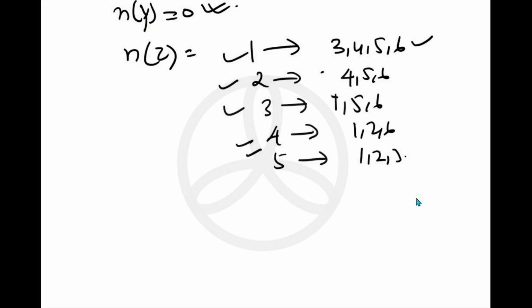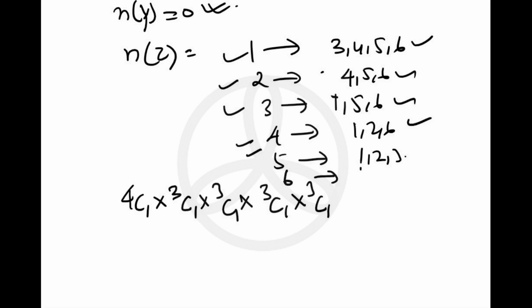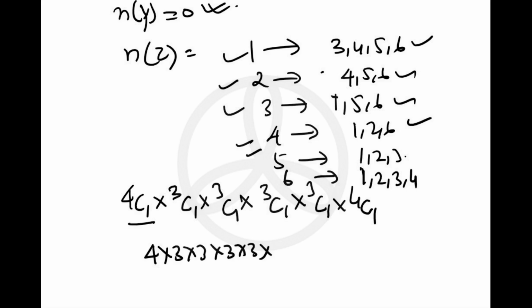4 will be 1, 2, 6, 3. Now the total number of possibilities will be n(4) is to 1 multiplied by 3 is to 1 is to 3 is to 1 is to 1 was left actually. I will put it here. 1, 2, 3, 4. 4 is to 1. This will become nothing but 4 is to 3 is to 3 is to 3, or 3 is to 3 is to 4 whole square.